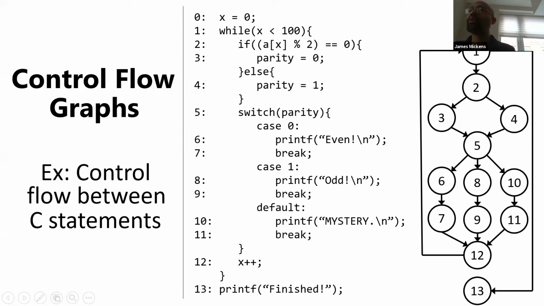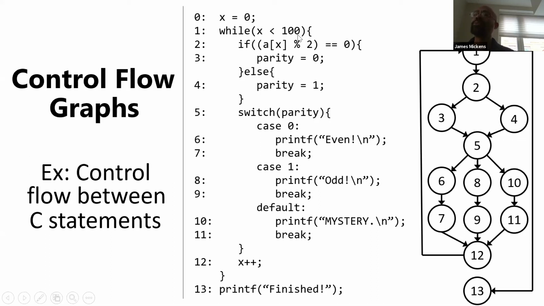So for example, if we look at nodes 0 and 1 corresponding to source code lines 0 and 1, we see there's just one arrow coming there. And that means that in a legitimate control flow, source code line 1 should always follow from source code line 0. Now, if we look at source code line 1, it actually has two arrows coming from it because this is the top of a while loop.